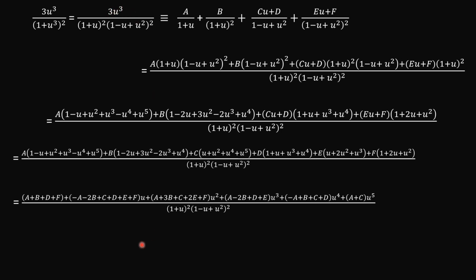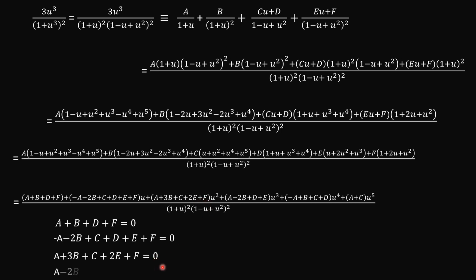Now we know the numerator on the left hand side is composed of only the u cubed term, such that this initial term A plus B plus D plus F is equal to 0. The second term, minus A minus 2B plus C plus D plus E plus F, is equal to 0. The third term, A plus 3B plus C plus 2E plus F, equals 0.